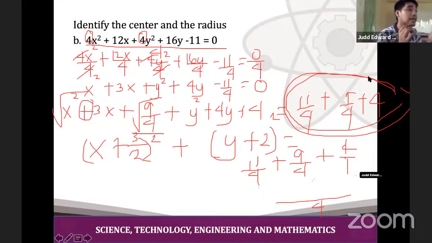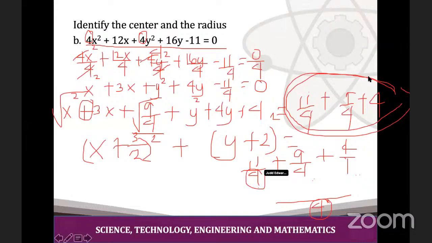Let us now add the fractions. The technique is to divide the denominator. 4 divided by 4 is 1. 1 times 11 is 11.